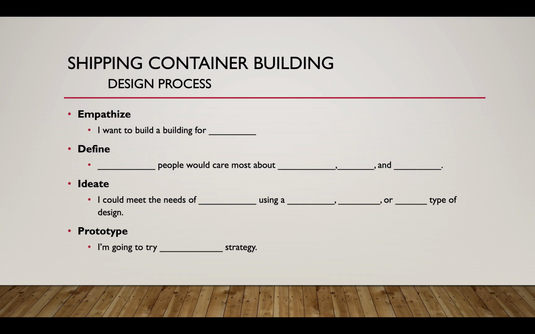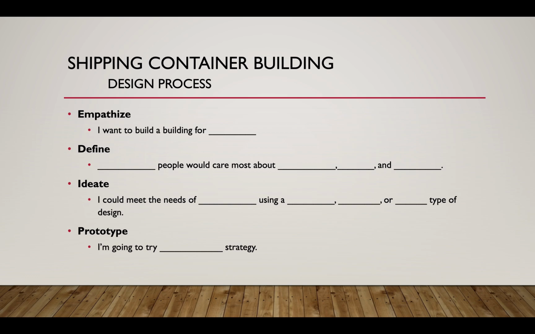One thing I might go for this time would be an affordable multi-unit dwelling. I would maybe think that the people living there would care most about having space, making it customizable and personalizable, and also a sense of openness and airiness that maybe would be lacking in some structures like that.